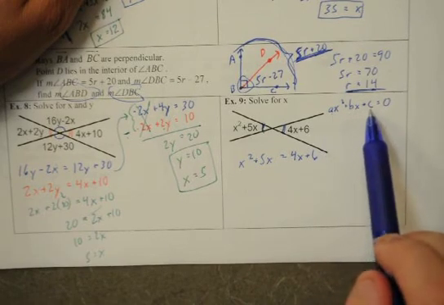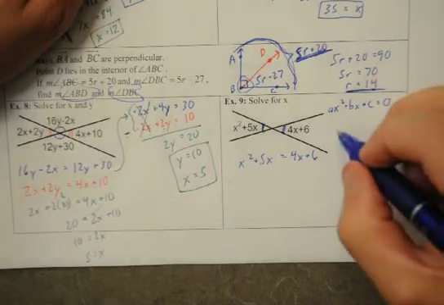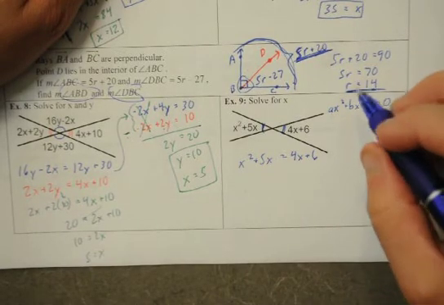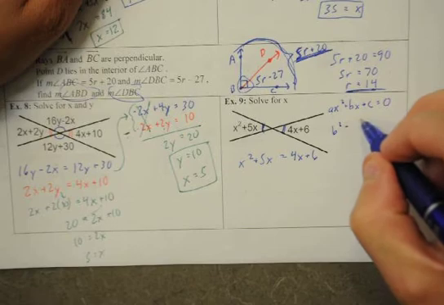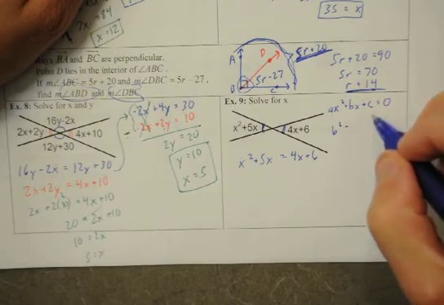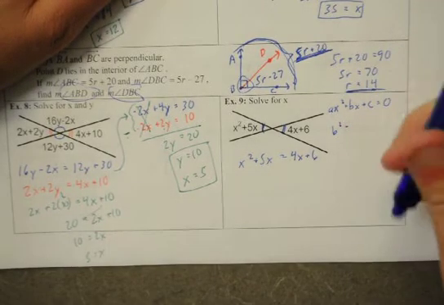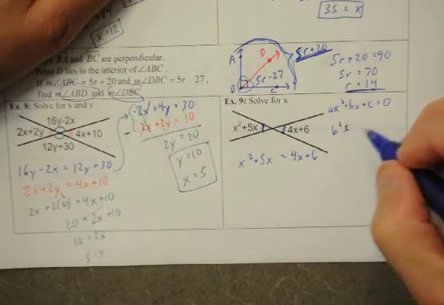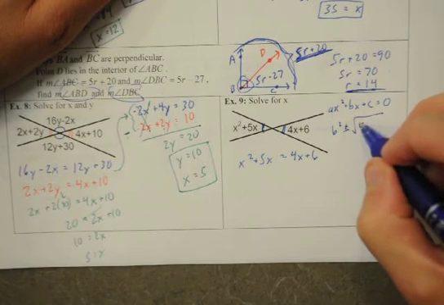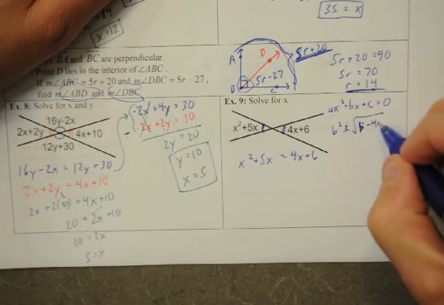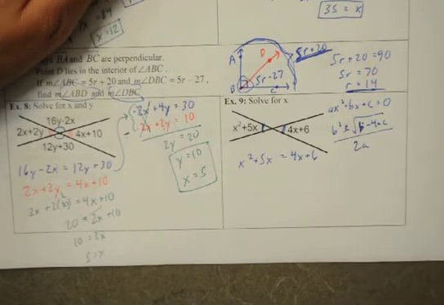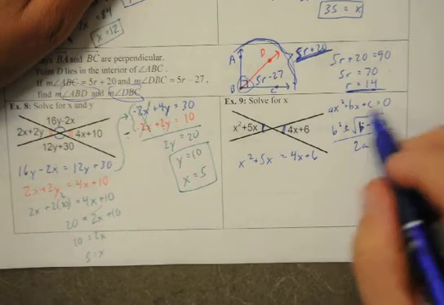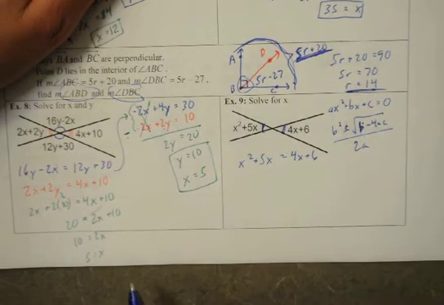You got your A, B, and your C, and then there was an equation: negative B plus or minus the square root of B squared minus 4AC over 2A. And you could use that equation to solve something like this.